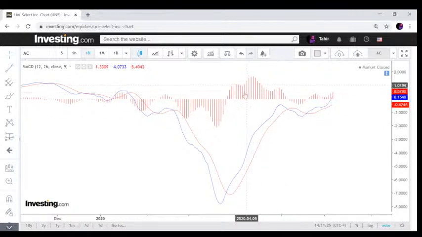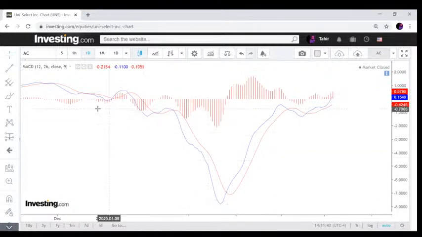And then the third component is this bar chart, which we call a histogram. So there are three components of a MACD: red line, blue line, and the histogram. The blue line is also called the MACD line, and the red line is called the signal line.